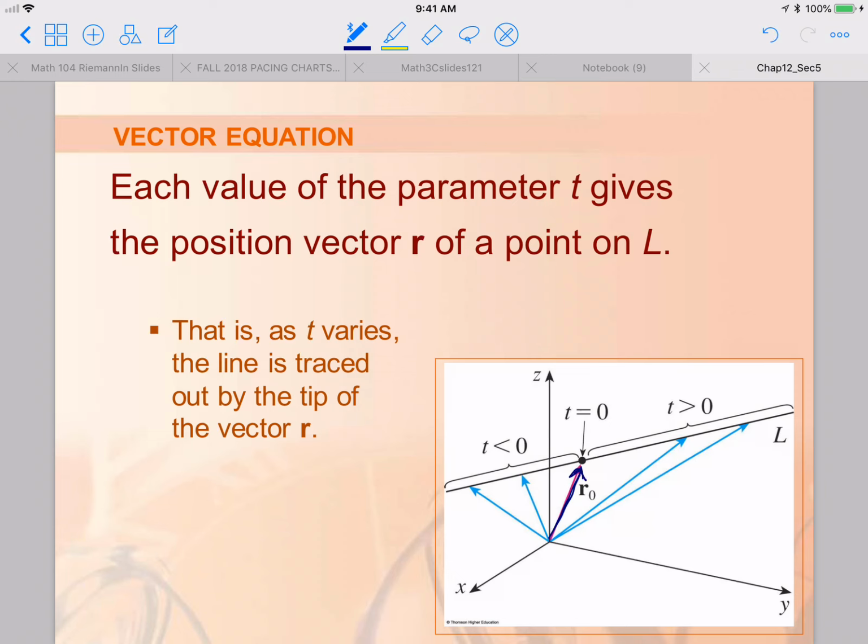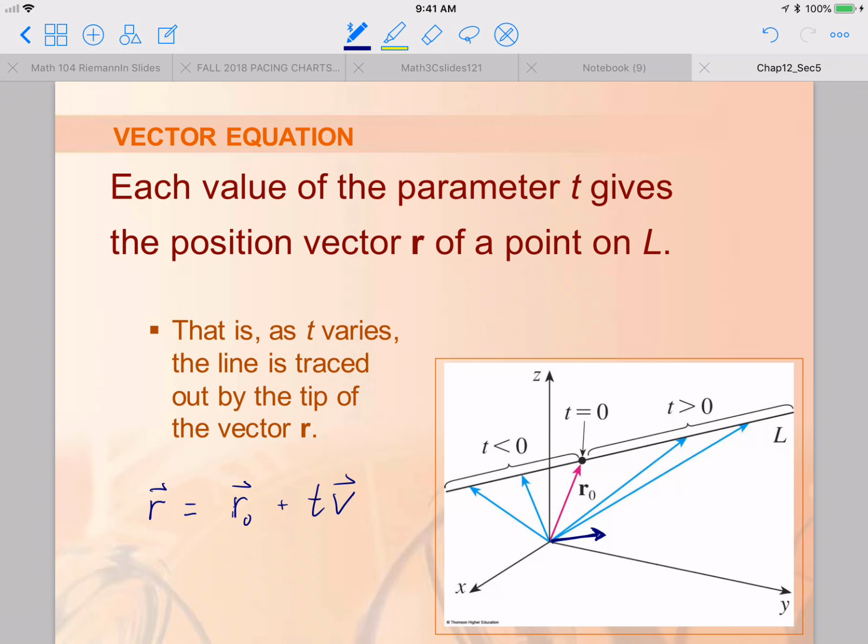If T is positive, keep in mind here, we're adding vectors. So let me rewrite our formula here, which is R is equal to R naught plus T times V. Now V is supposed to be the vector that gives us the direction.